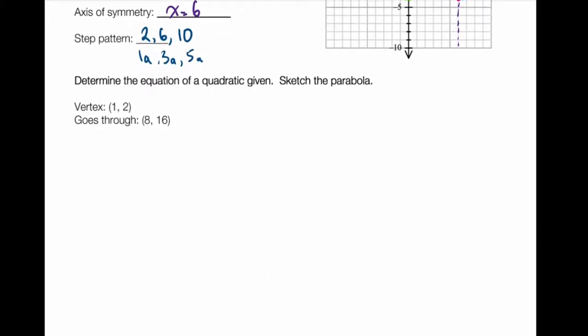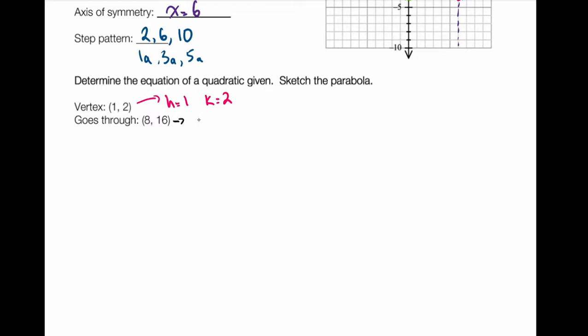The second question is something similar we've done before. Determine the equation of a quadratic given our vertex of (1, 2), and it goes through the point (8, 16). And we want to sketch this parabola, so we just want to draw generally what it looks like. Again, remember that our vertex tells us our h value and our k value. So in this case, our h is 1 and our k is 2.